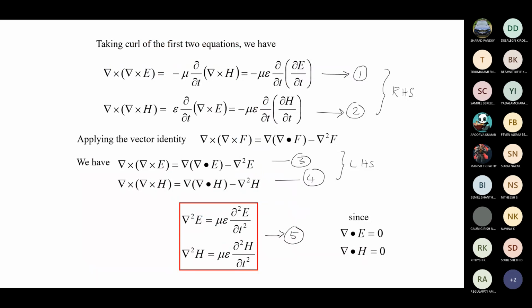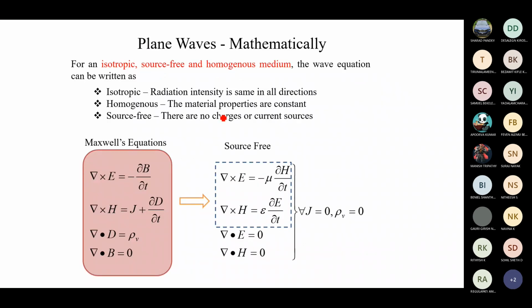First we solved the two equations. For a plane wave, the condition to achieve is a source-free, isotropic, homogeneous medium. After considering that, we got these equations.